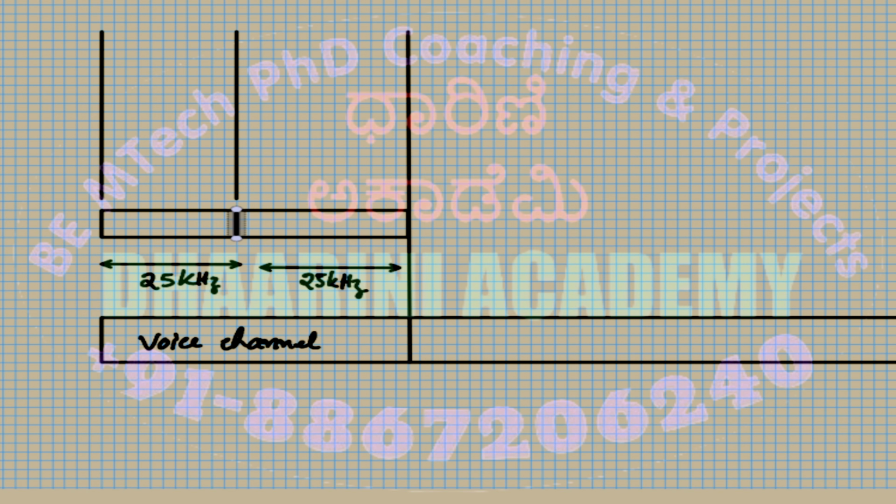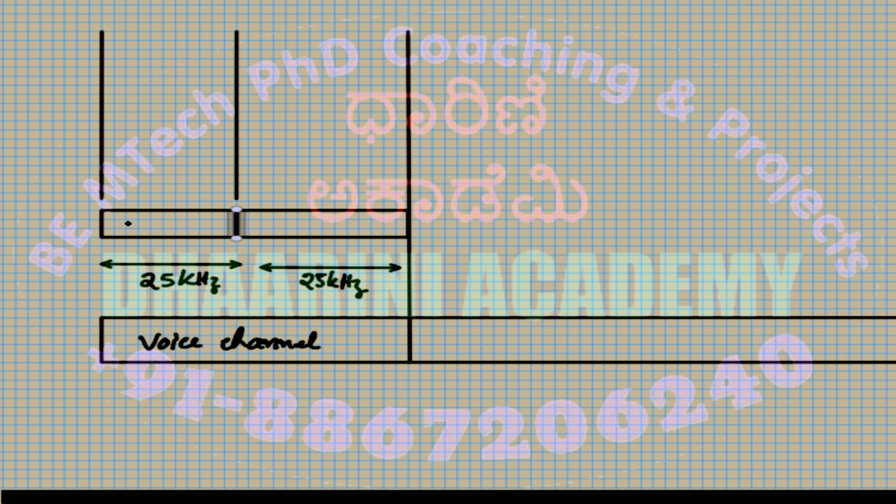The 25 kilohertz is used completely for DSBSC suppressed carrier AM modulation. And this is one complete channel for analog voice communication. Again, you may not require the complete 25 kilohertz bandwidth in some cases.